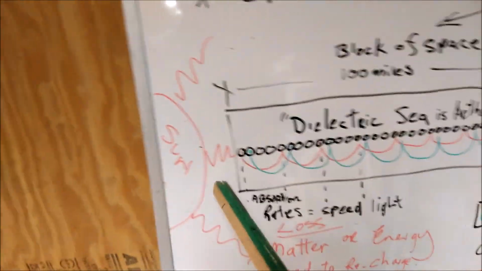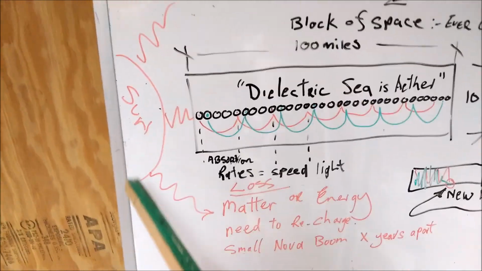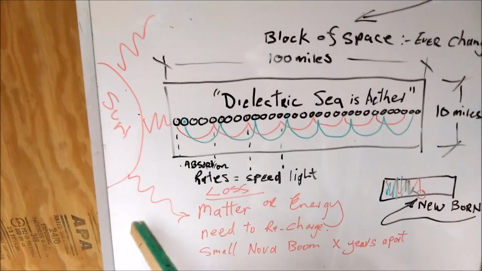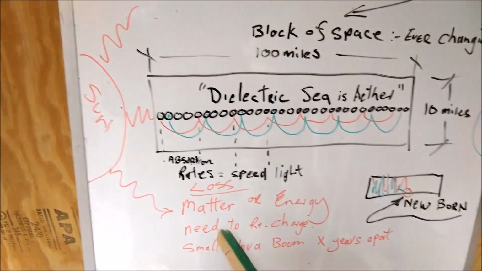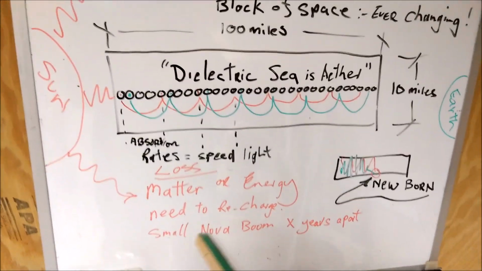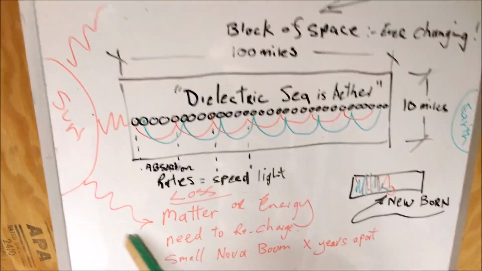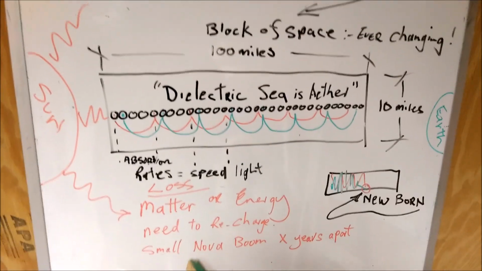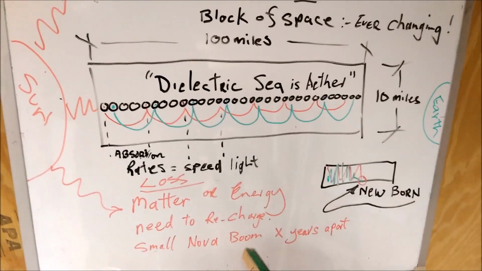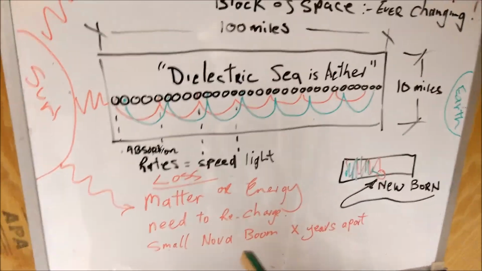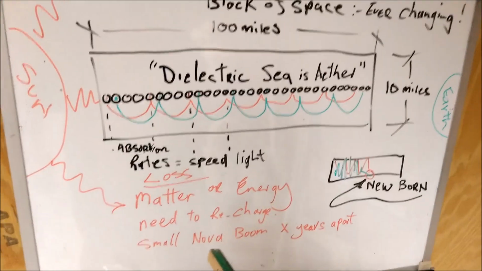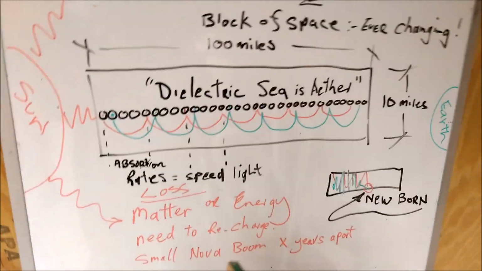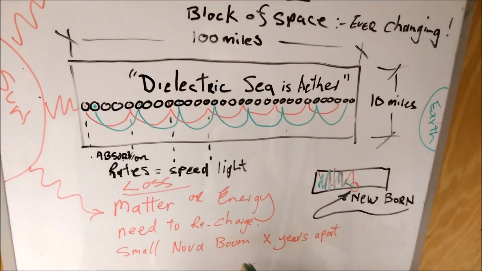If you consider the sun, it loses matter or energy. And I think every now and again there is a need to recharge the sun over periods of time. And every time the sun recharges, like a capacitor, there is a mini nova. This happens over a set period of years.